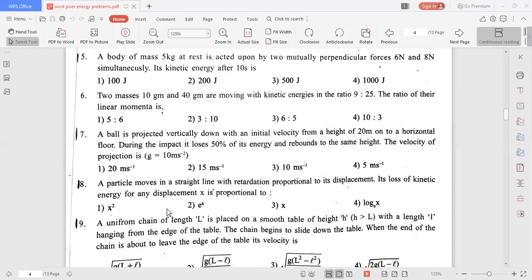Before making collision, whenever the body comes down, its velocity goes on increasing but the height decreases. That means potential energy decreases and kinetic energy increases, but total energy remains constant. Of course, we have to discuss the law of conservation of energy principle. This is the total energy of the body anywhere while coming down or going upwards.